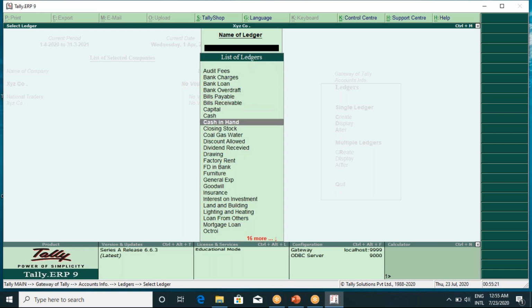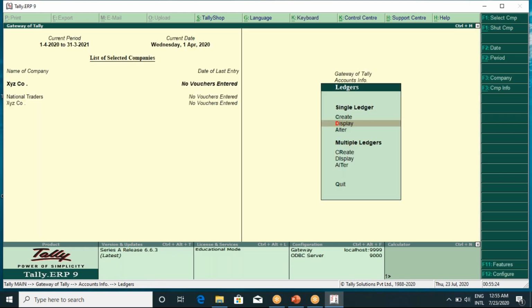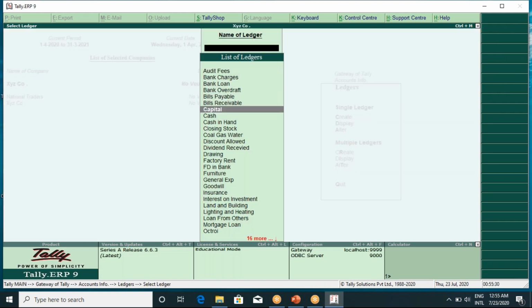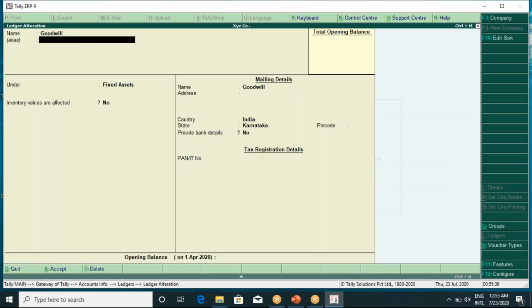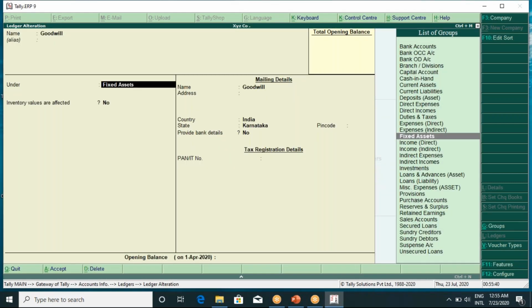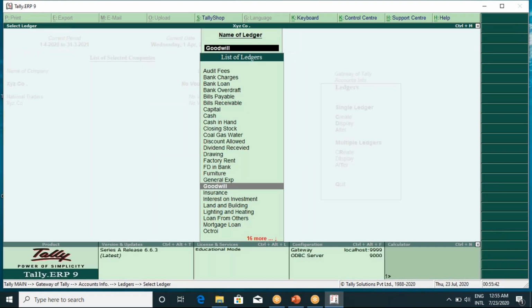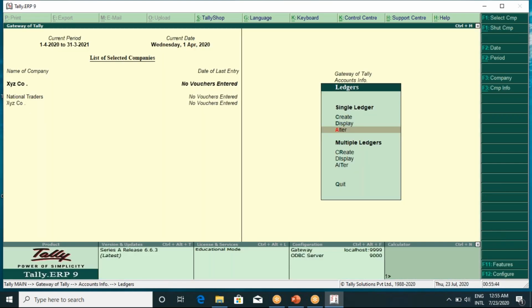Suppose you want any alterations, using alter you can see all kinds of ledgers available. If you go to a particular ledger and made any mistakes, you can correct them there. It is optional.